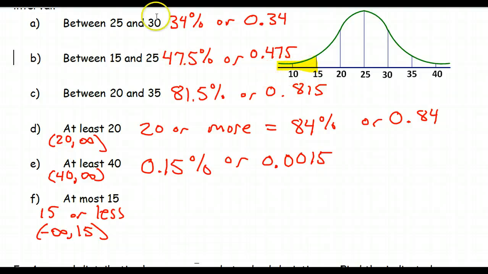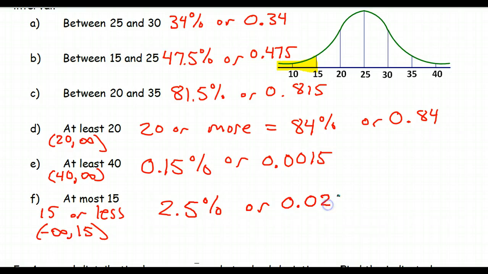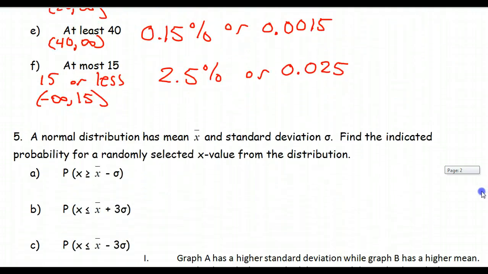Okay, so that's what this is. So 2.5%, which as a decimal, if I move this twice, I'm going to have to put a 0 in front, would be 0.025. That's what that would be as a decimal.